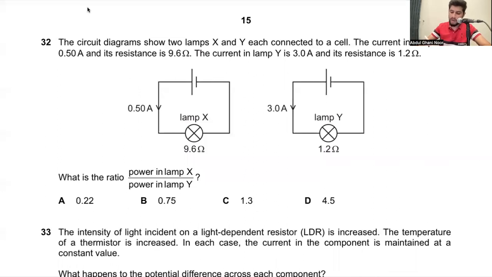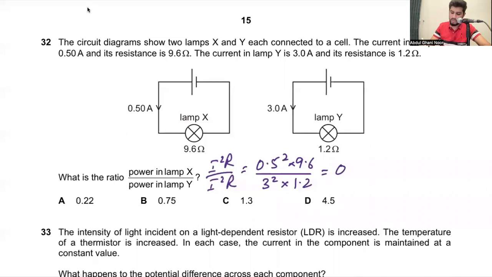So the formula for power is I squared R. So you need to use I squared R for both. For lamp X, the current is 0.5 squared. The resistance is 9.6. For lamp Y, the current is 3 squared and the resistance is 1.2.